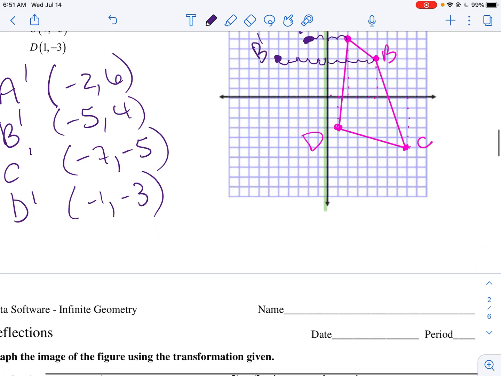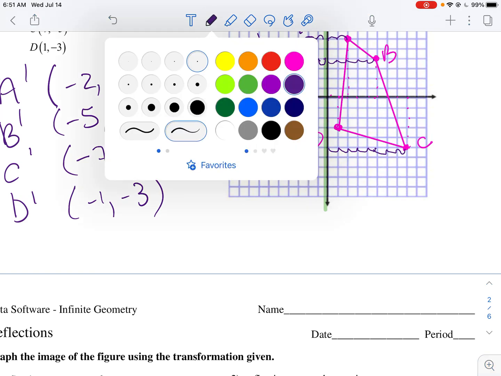Now let's look at C. C is 1, 2, 3, 4, 5, 6, 7, 8. Did I do it too many times over in the first place?